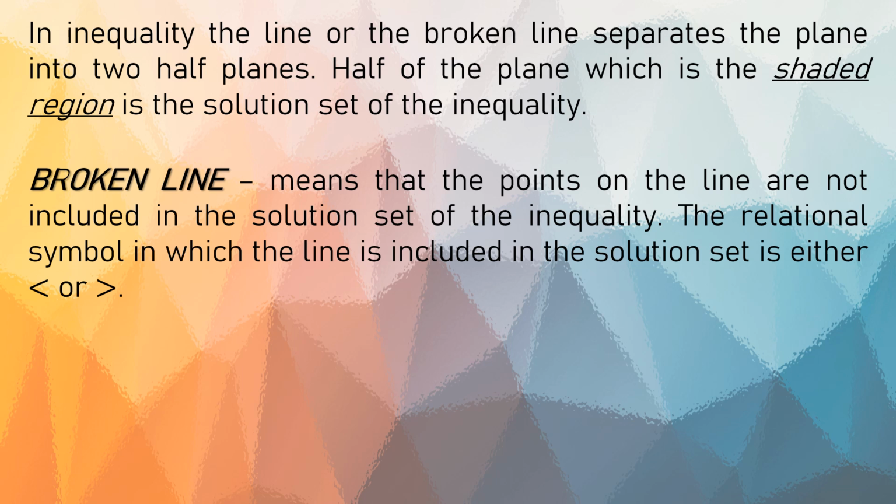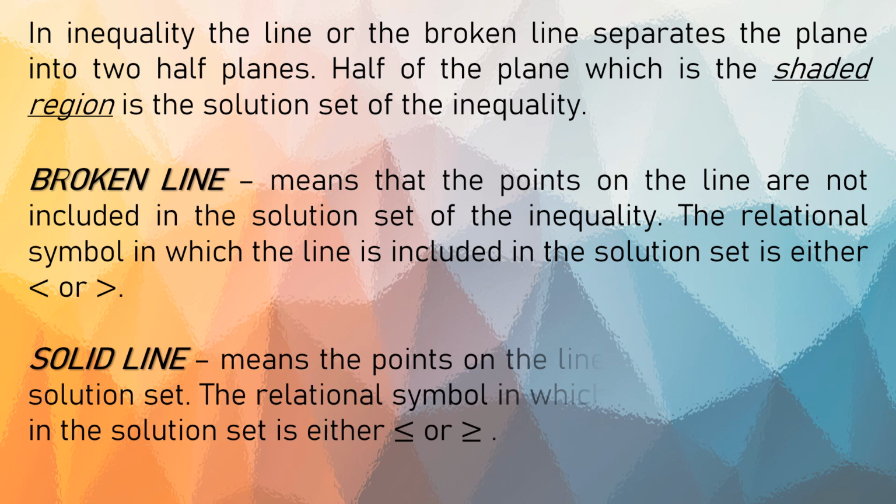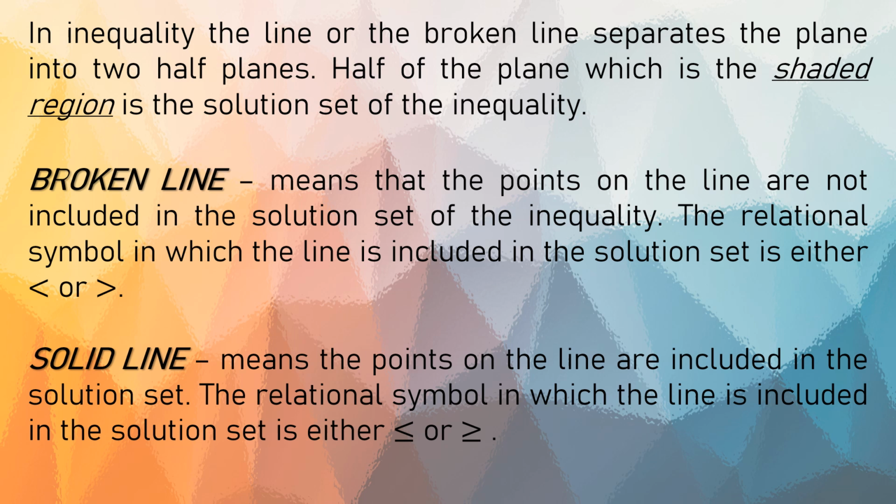So when we say broken line, it means that the points on the line are not included in the solution set of the inequality. The relational symbol in which the line is not included in the solution set is either less than or greater than. And solid line means the points on the line are included in the solution set. The relational symbol in which the line is included in the solution set is either less than or equal to or greater than or equal to.